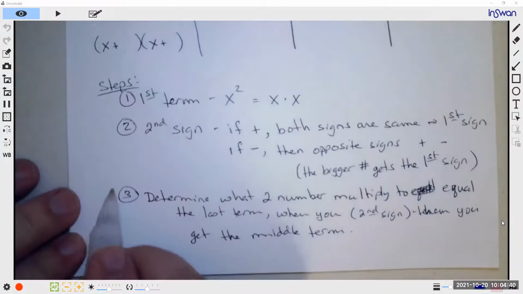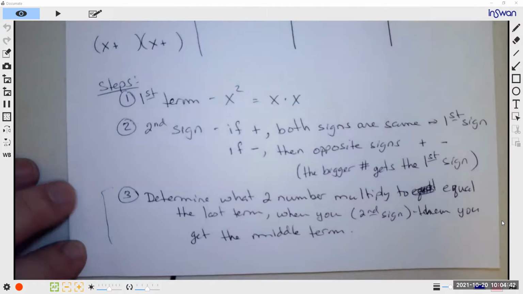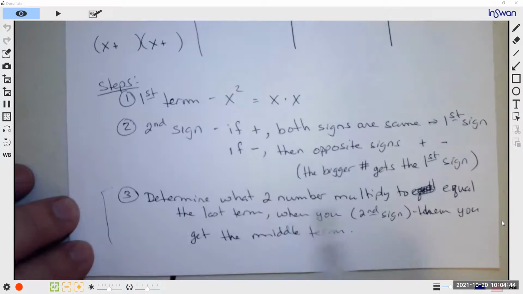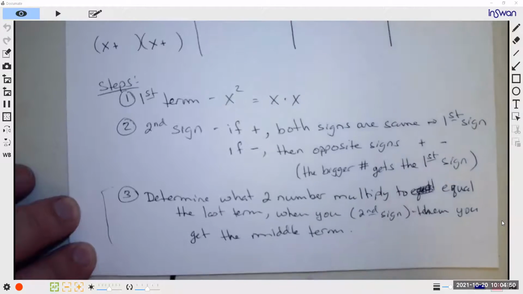It's hard to put the last one into words. Determine two numbers that when you multiply them equal the last term, but when you use the second sign on them, you get the middle term.